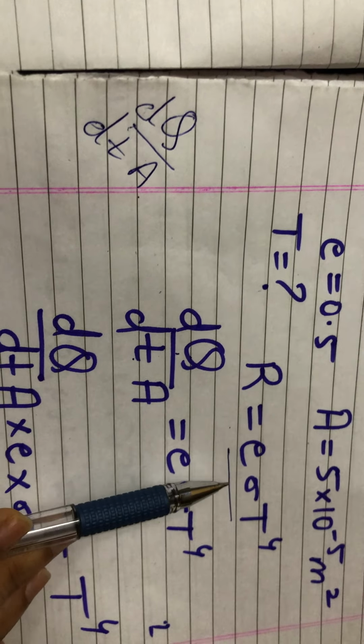After that we come to the substitution part. dQ upon dt is 60. Then A is substituted, e is 0.5, and sigma is 5.67 into 10 raised to minus 8, equal to T raised to 4. Now 5 ones are 5, 1 remains, so 5 twos are 10. Then there is nothing in the numerator, we have 12 in the numerator.